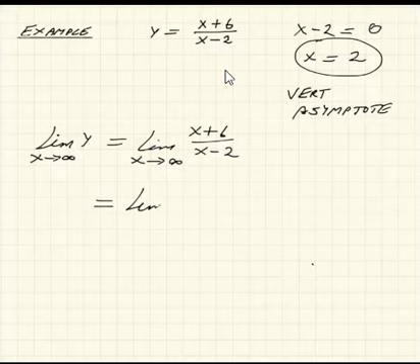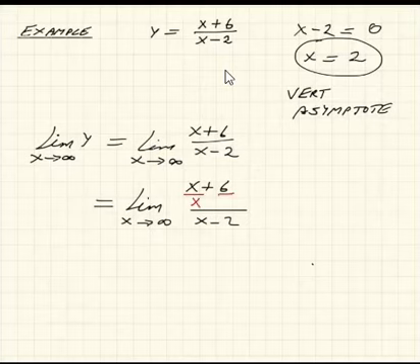There's a technique for working this out, and it involves dividing above and below the line by the highest power of x. The highest power of x is 1, there's no x squared anywhere, so it's just x over x, 6 over x, x over x, 2 over x.